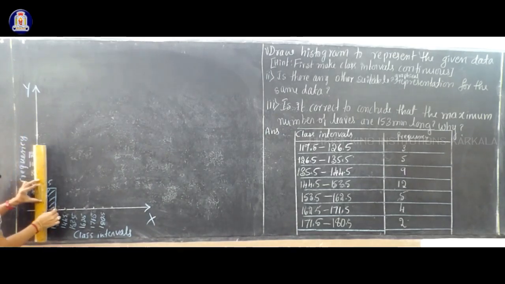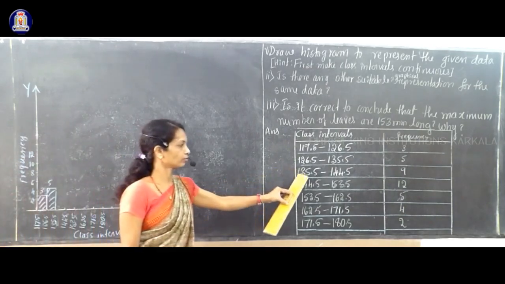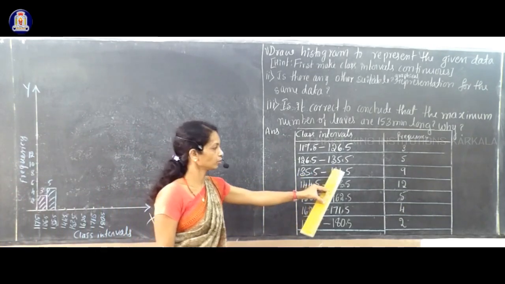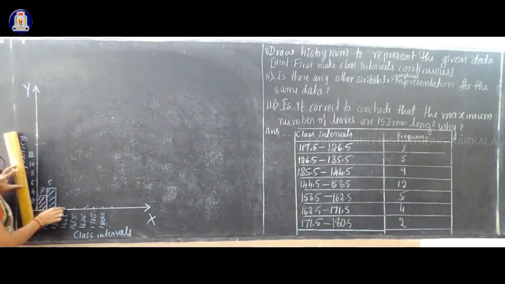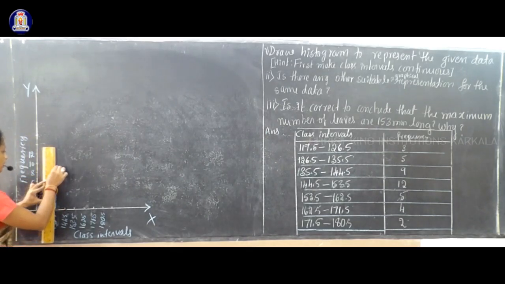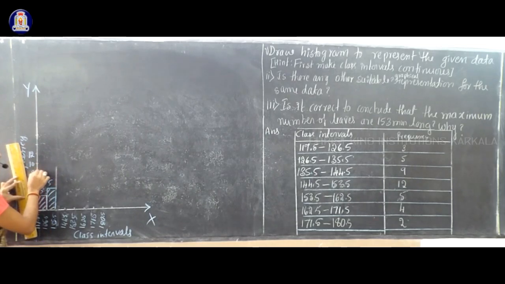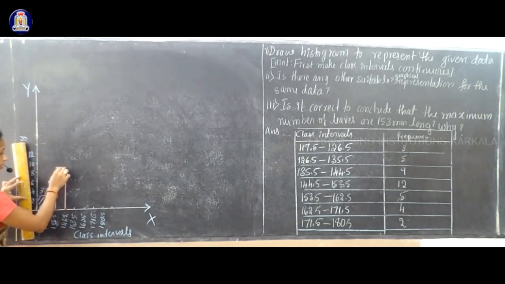you have to draw from 135.5 to 144.5. From 135.5 to 144.5 you have to draw a rectangular bar of height 9, that is from here to here, exactly in between 8 and 10.